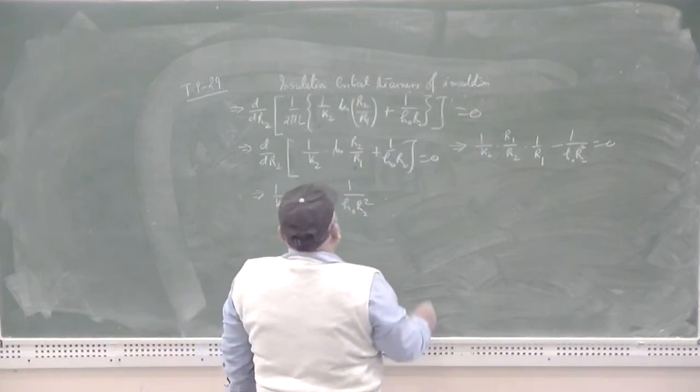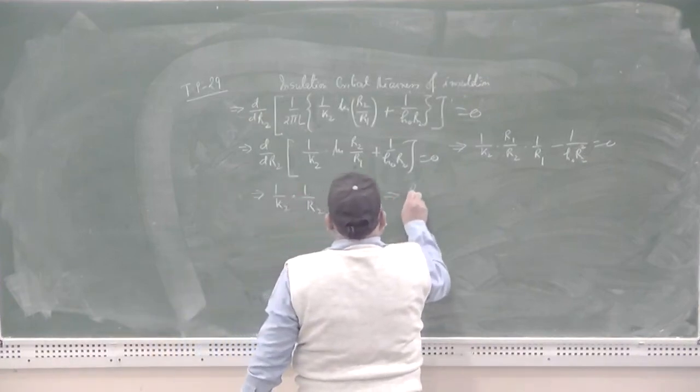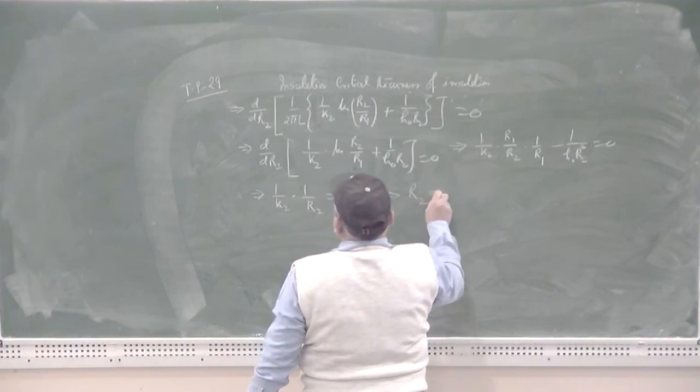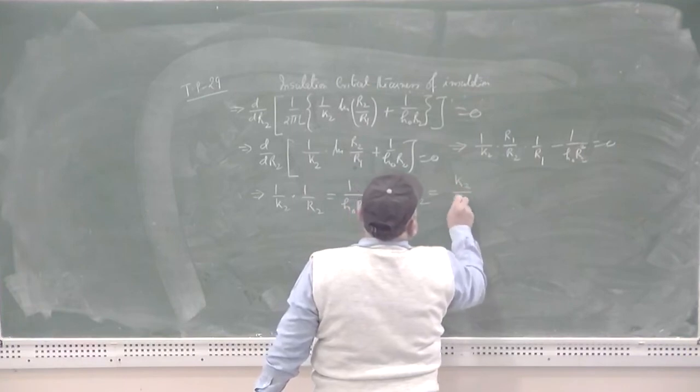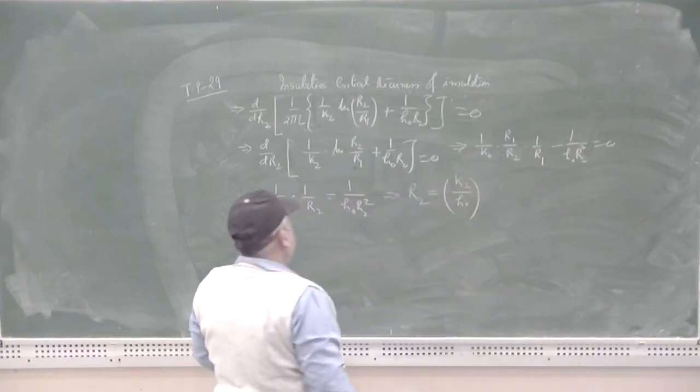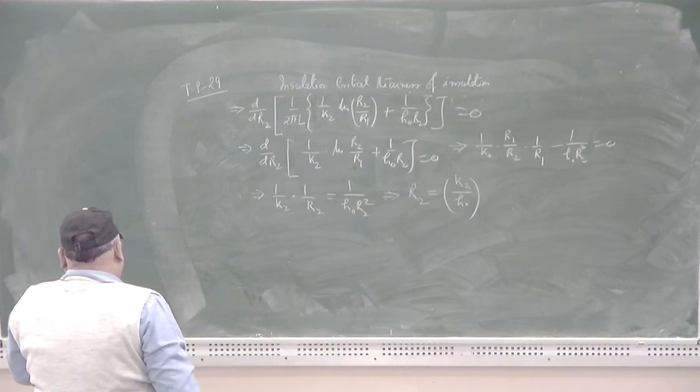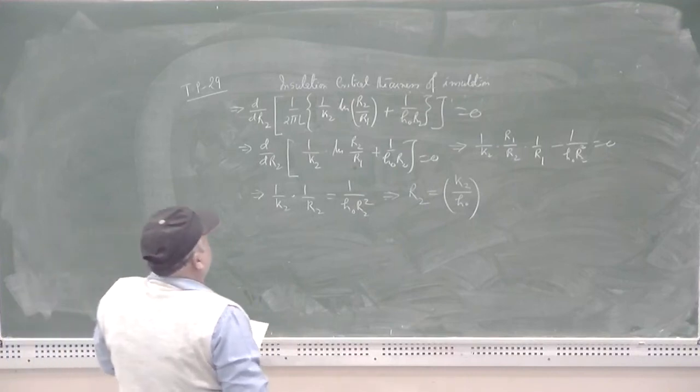So the value of R2 is equal to K2 upon h0. K2 upon h0. Let it be question number 3.